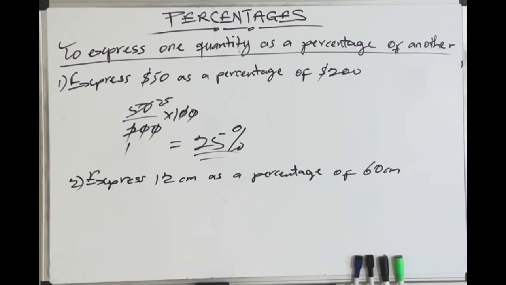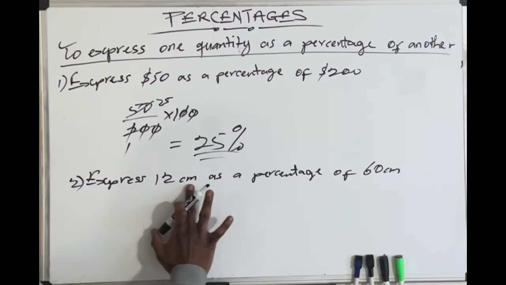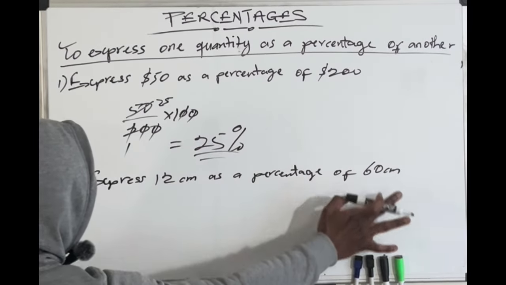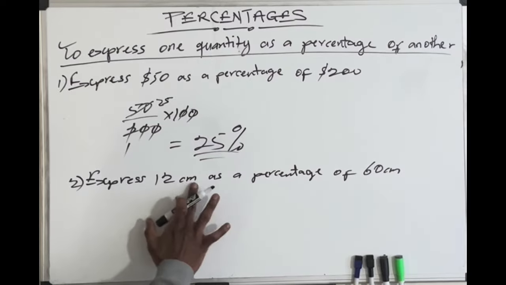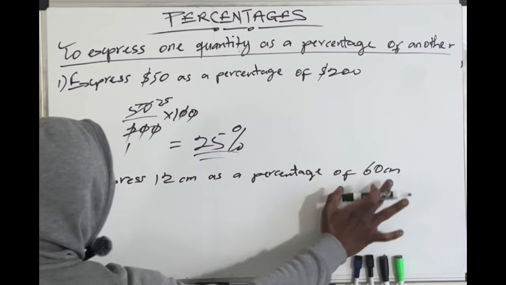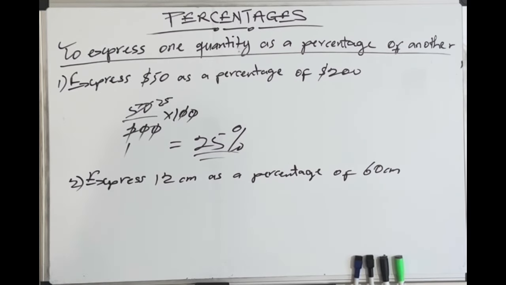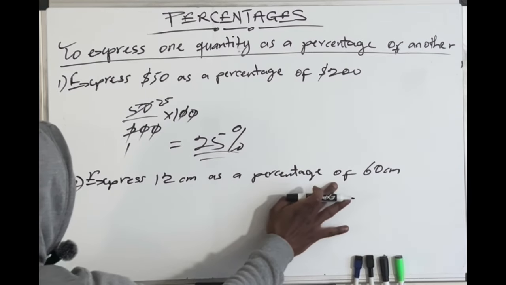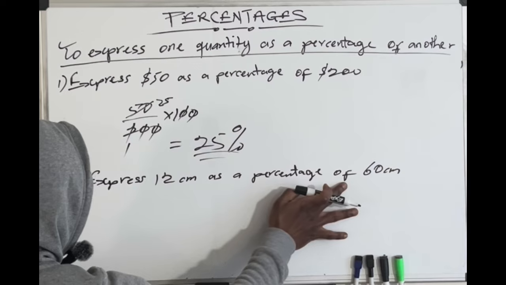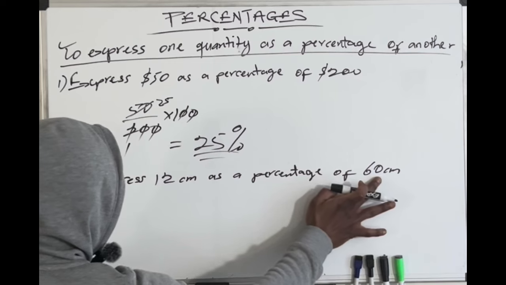Okay, we have another question. Express 12 centimeters as a percentage of 60 centimeters. So again, we look at the unit, centimeters. So we are good to go. Always make sure that the number that comes after the of is always the denominator.